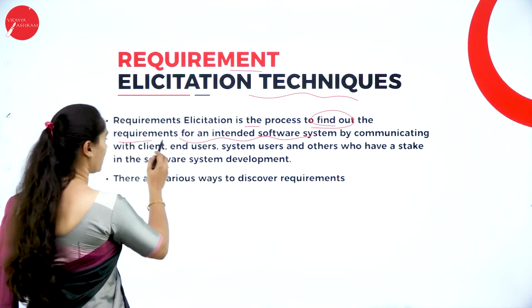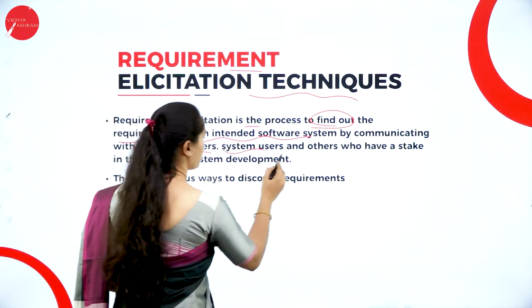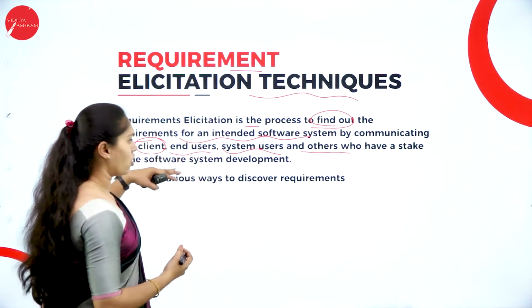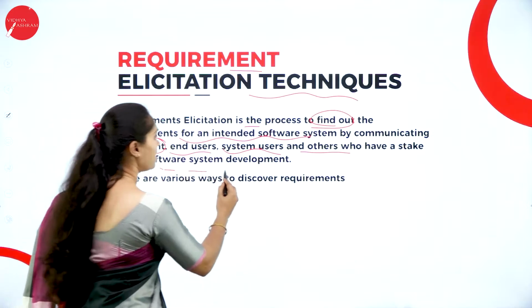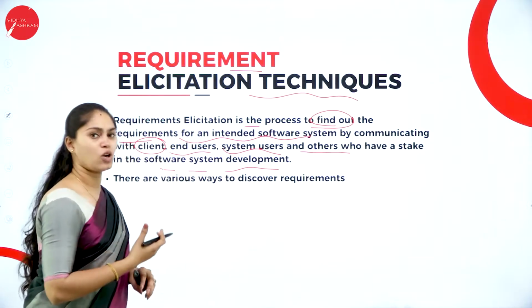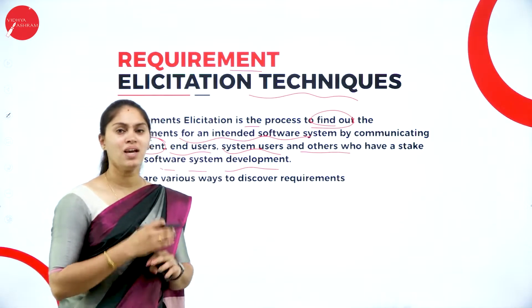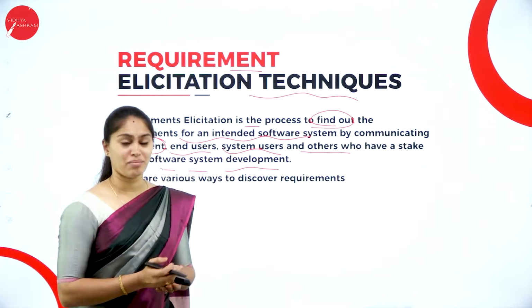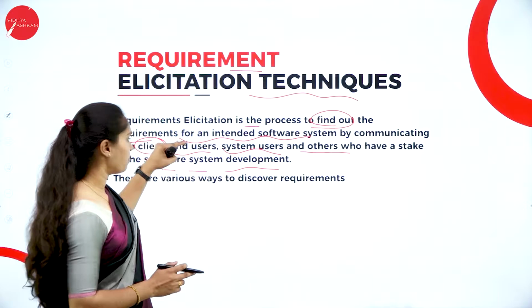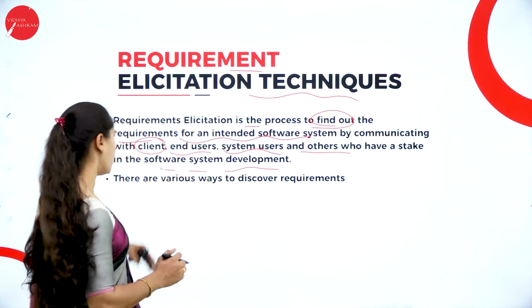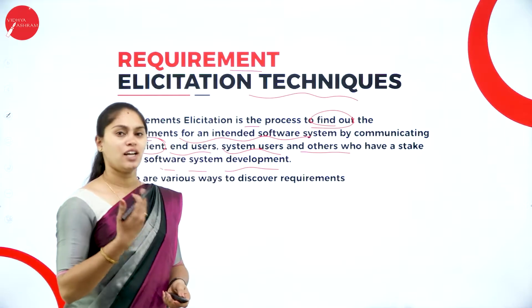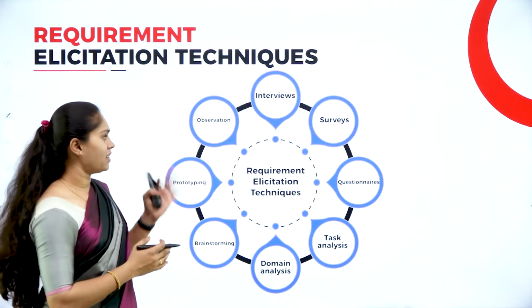By communicating with the client, end users, or system users, and even other people who belong to that software system's development. Those are all the stakeholders of a particular software system. By communicating with everybody, we collect all the requirements needed for the development of the software. We also have several techniques for requirement elicitation.